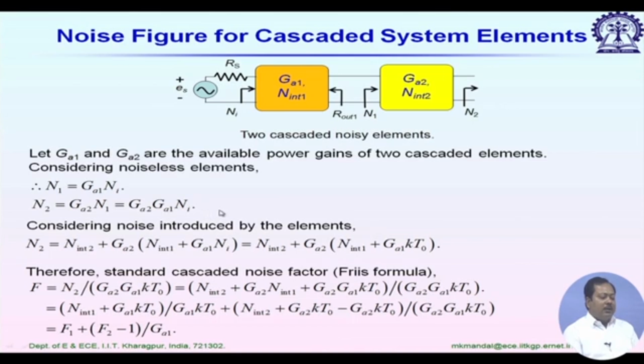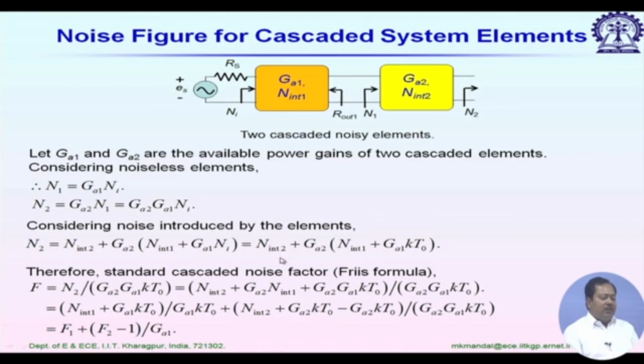Now let us consider the effect of N internal 1 and N internal 2. Considering noise introduced by the elements, N2 is equal to N internal 2 plus GA2 multiplied by whatever noise comes from the left hand side, N internal 1 plus GA1 Ni.